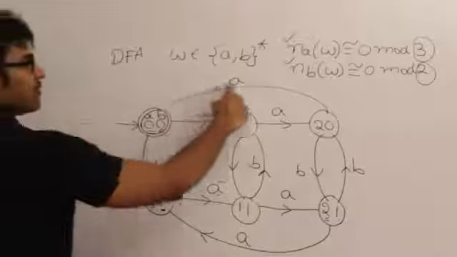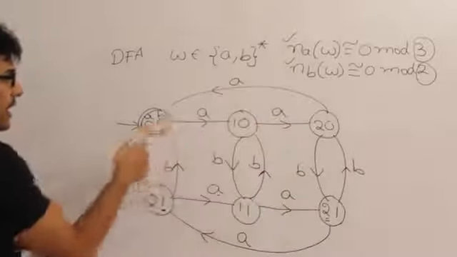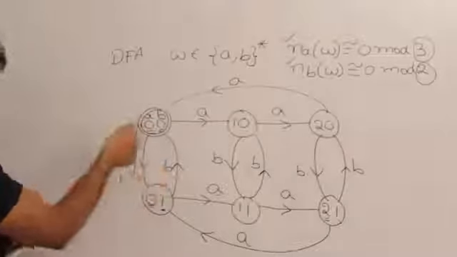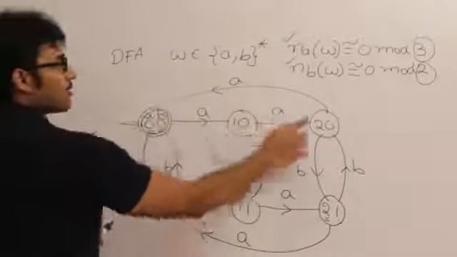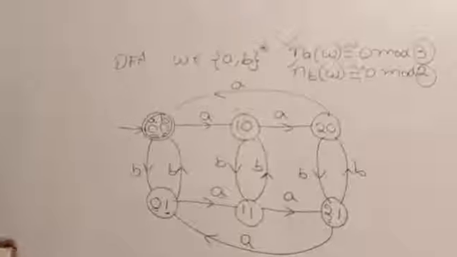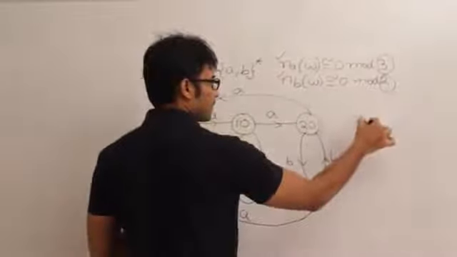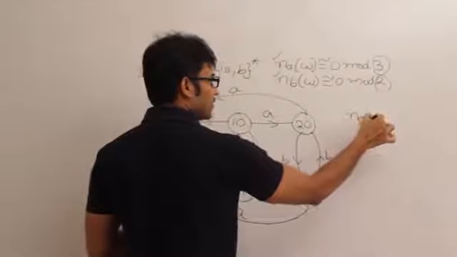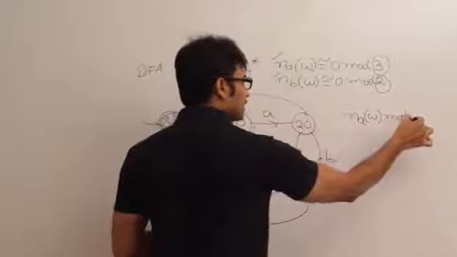Because A's are being counted here like a mod 3 counter, and B's are being counted here like a mod 2 counter. Okay, so how many states did we get? 6. Remember that.